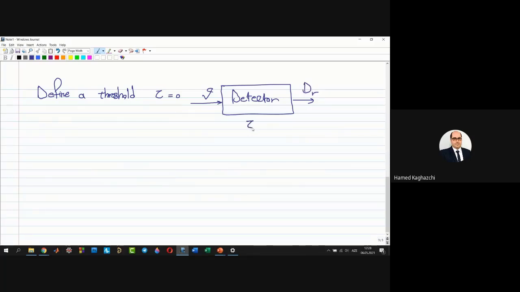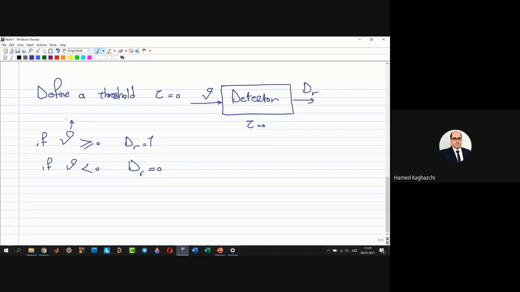I define a threshold which is equal to 0, and I say that if V is greater than or equal to 0, my DR is 1, and if V is less than 0, my DR is equal to 0. It doesn't matter the value of V here.